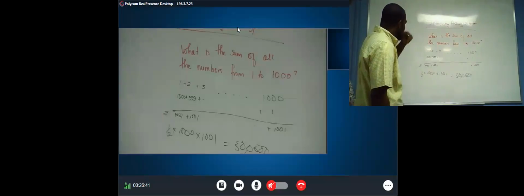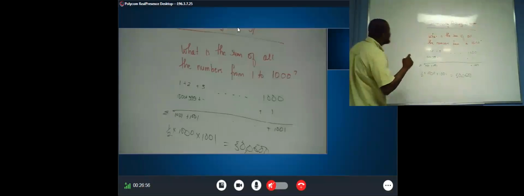I did something similar but a bit different. I created an equation. The sum is equal to n multiplied by a plus b, in brackets, divided by 2.